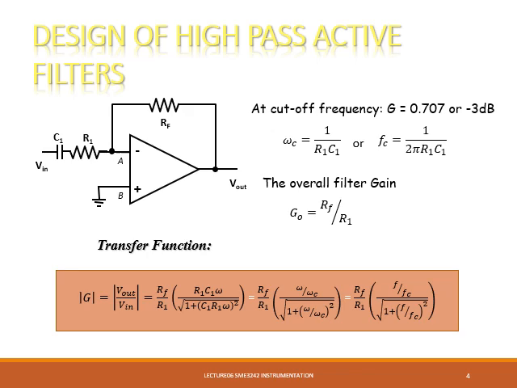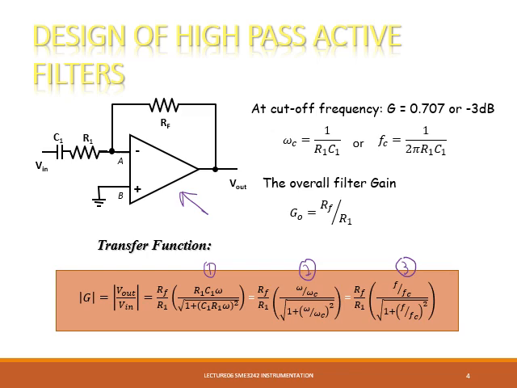As a summary, this is the circuit for the high pass active filter, where you should be able to draw this circuit employing an operational amplifier. Then for the transfer function, we have three equations that we have already derived. The first one is in terms of any frequency, the second one in terms of frequency ratio in radians per second, and the third one in terms of frequency ratio in hertz.